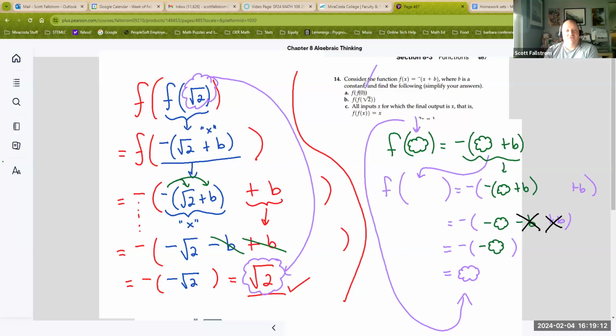And if I started with 0, what would I get at the end? 0. And what if someone says, I'm really going to screw you up now: what is f of square root of 3 minus 5 square root of 7? And you're like, square root of 3 minus 5 square root of 7.